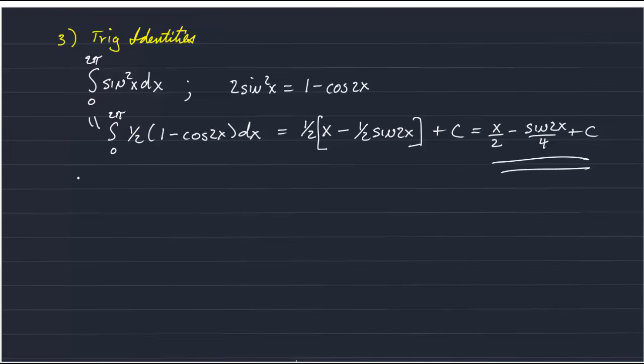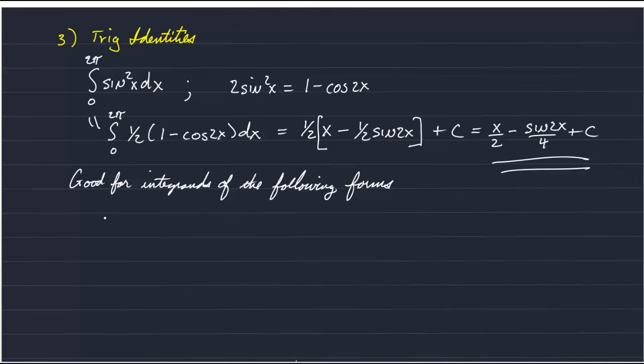Trig substitutions are also good for integrands of the following forms. Square root of a squared minus x squared, square root of a squared plus x squared, and the square root of x squared minus a squared.